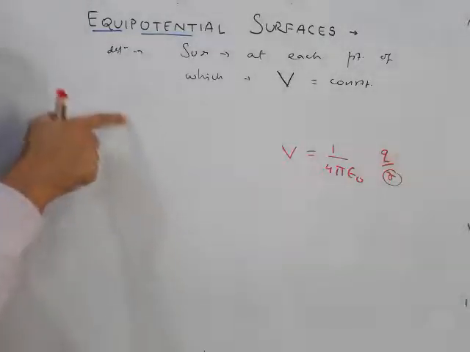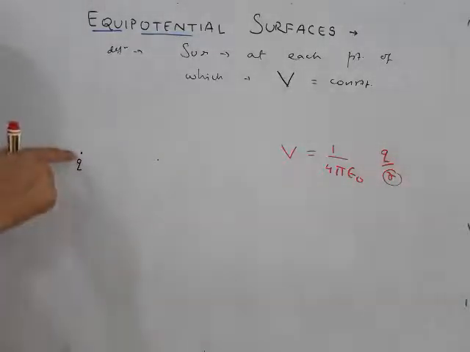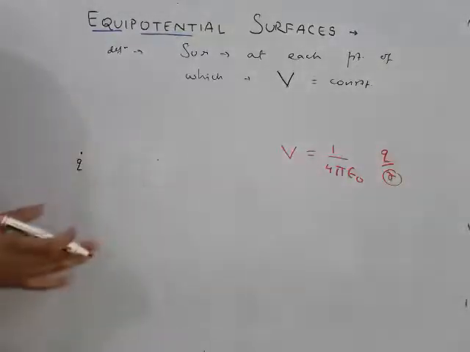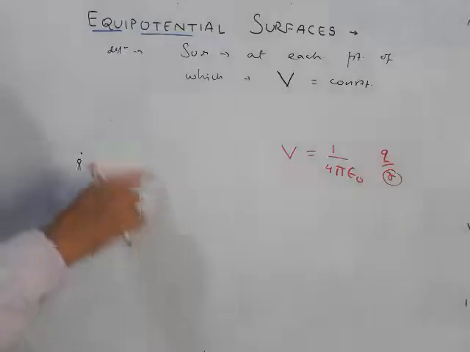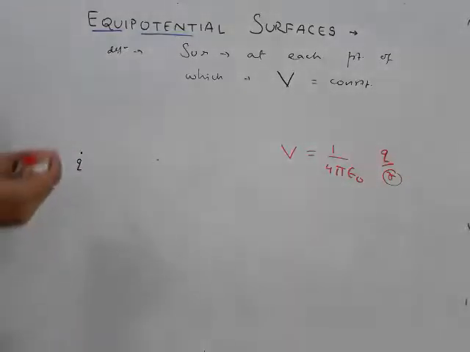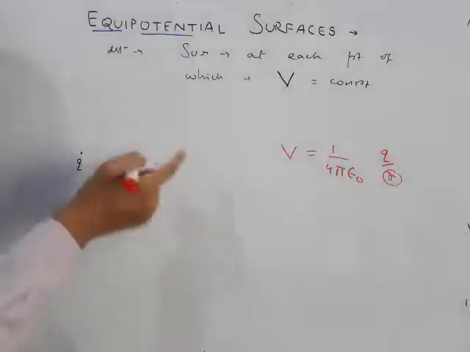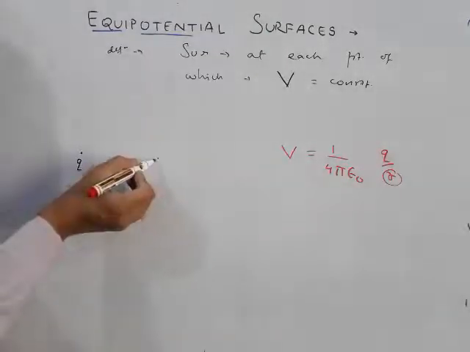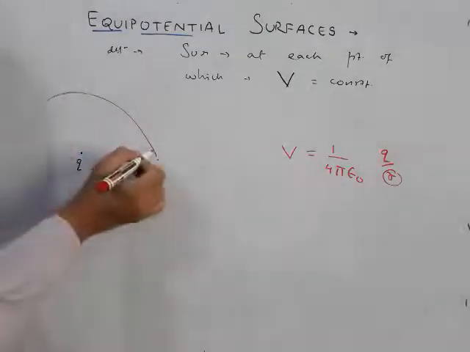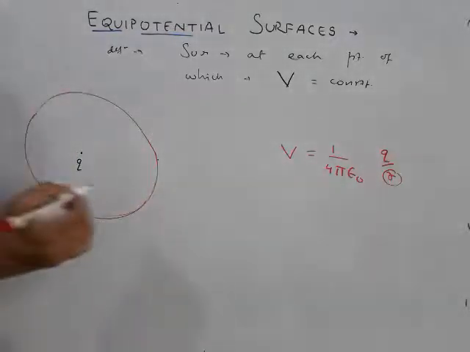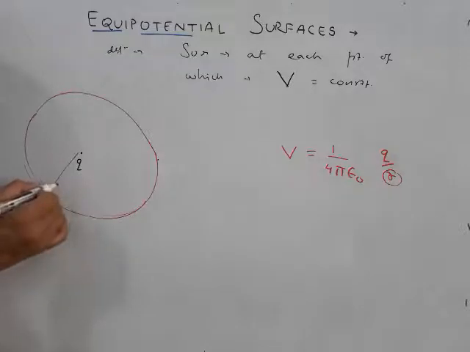All points which are at the same distance from this point charge will form a sphere in three-dimensional space and a circle in 2D space. Since I am talking about three-dimensional space, the locus of such points which are at the same distance from this charge will be a sphere, like so. Each point on this sphere will be at the same distance, that is r.